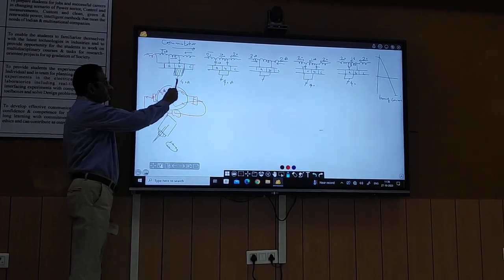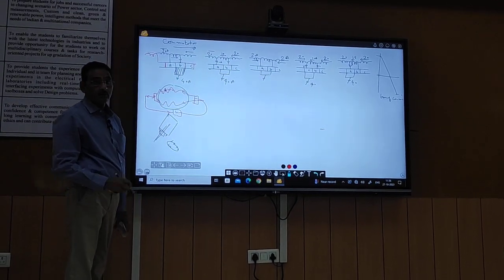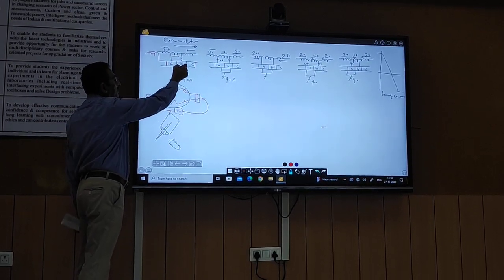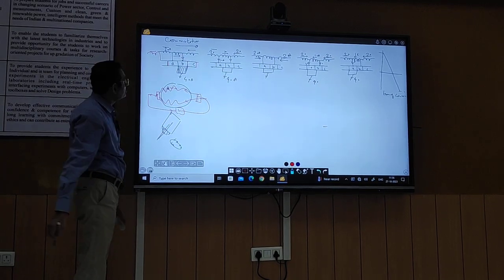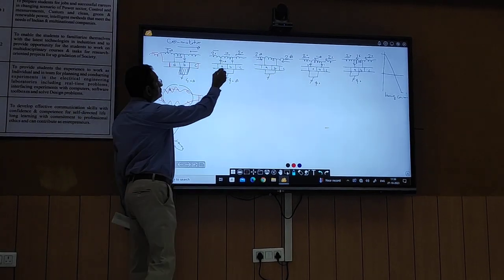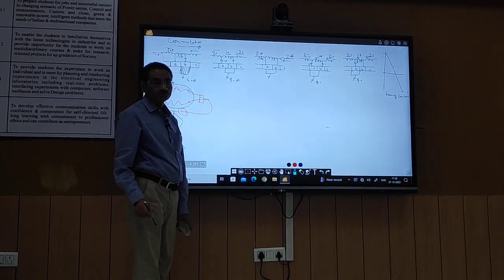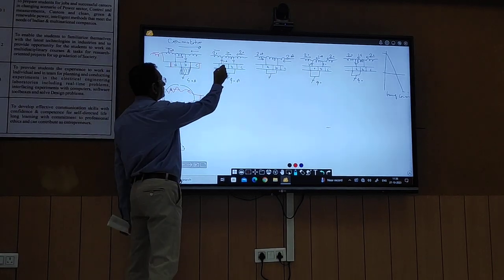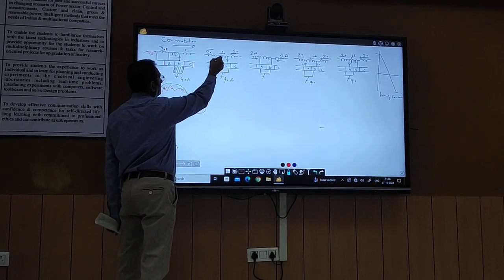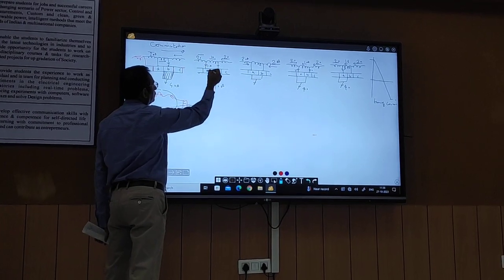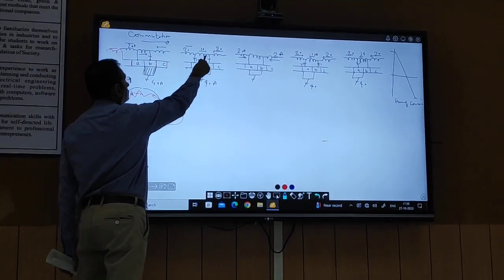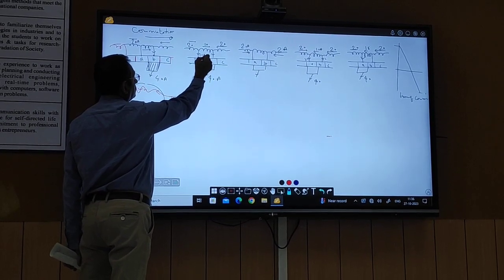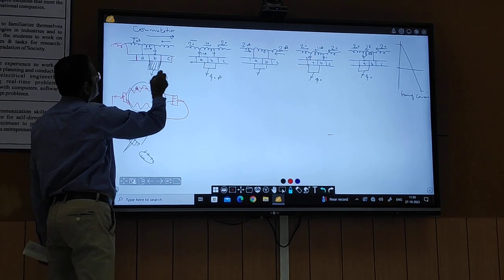Here you see what is the difference between here and here. This carbon brush is connected here, so the total 40 ampere current, 20 from this side and 20 from this side, will come from here. But here you see this is a conductor, this is a conductor, and in between there is an insulation. So there is a chance that current can flow from here also, and from here also. This coil which is short circuited here, this is also a conductor, this is also a conductor. Here you see.